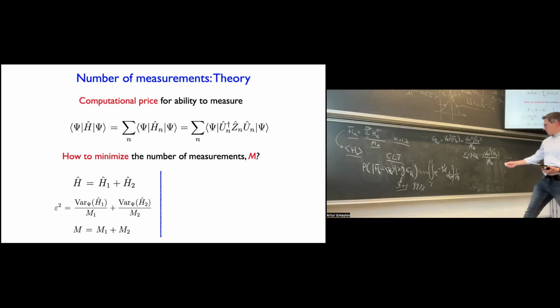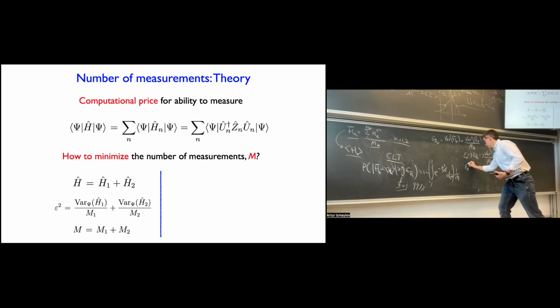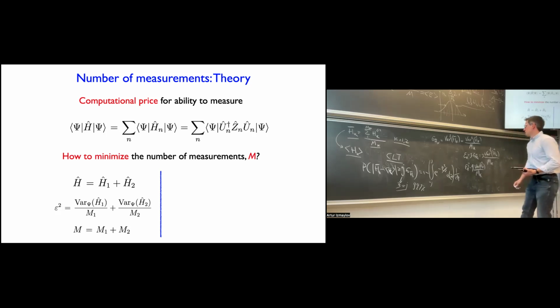And then epsilon K squared is 9 times the variance of H divided by MK. Oh wait, I forgot the square root.